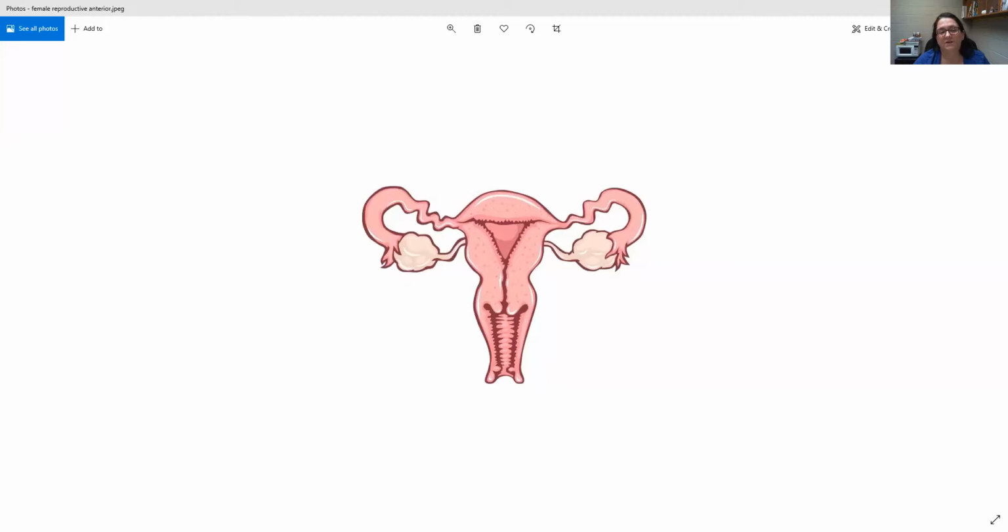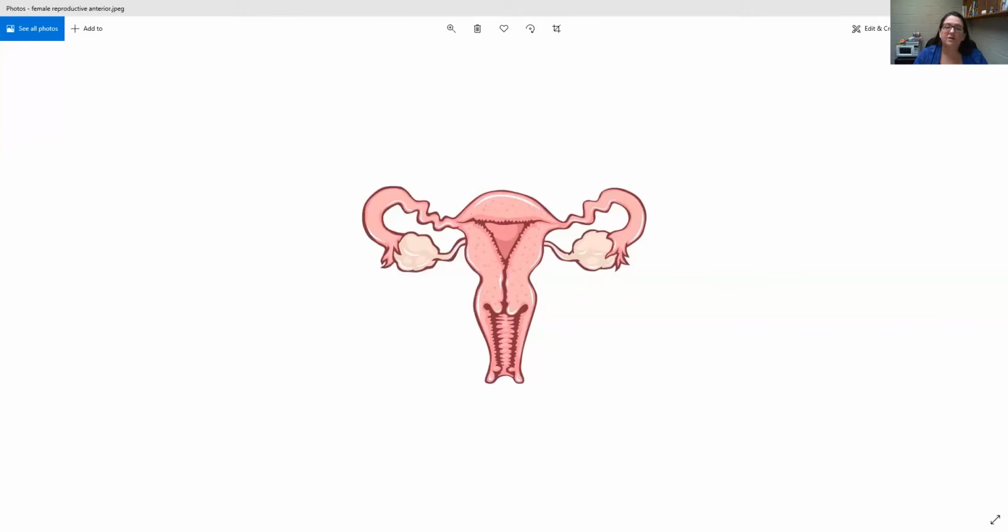The mons pubis. This fat provides some protection for sensitive tissues. And then we have the labia minora, which are the thinner membranes on the inside. The urethral opening is in the vulva. It is inside the labia minora, but it is not typically inside the vagina.